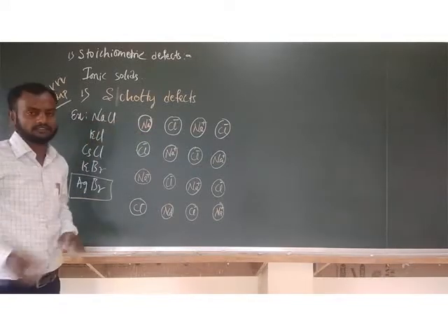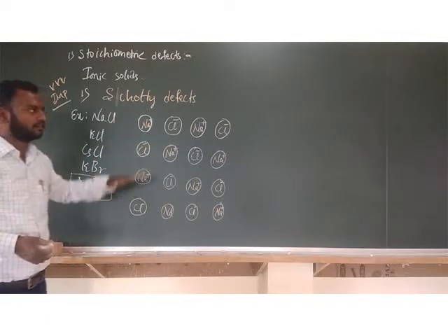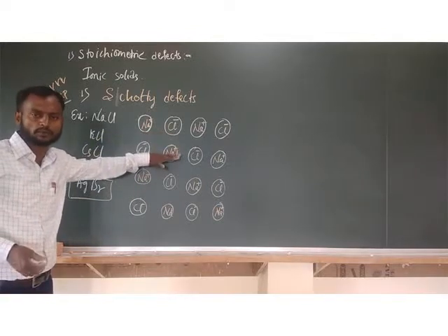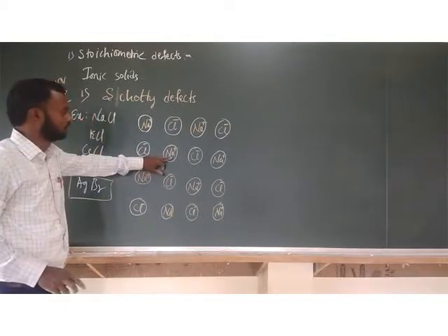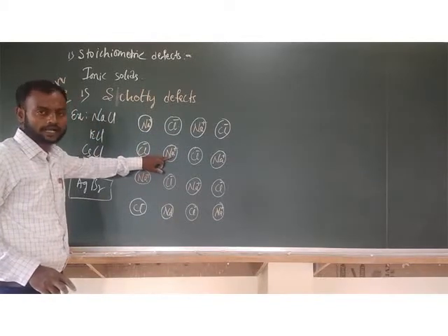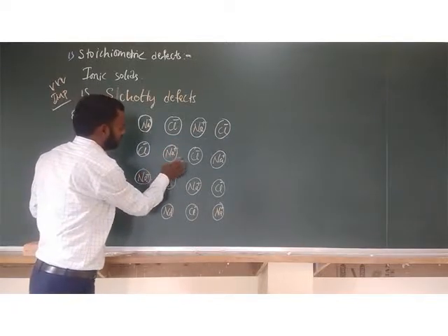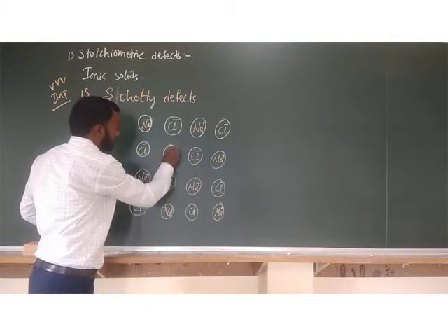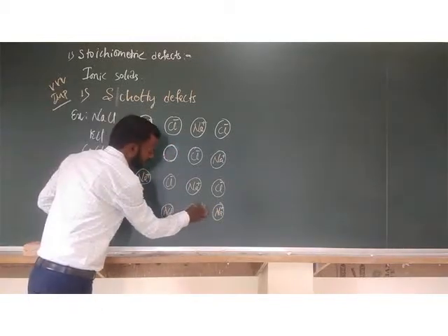In Schottky defects, a Schottky defect is defined as an equal number of cations and anions missing from the crystal lattice. So this is the positive Na plus cation, and this Na plus cation is missing. Clear? Cation is missing, and from here the anion is missing.